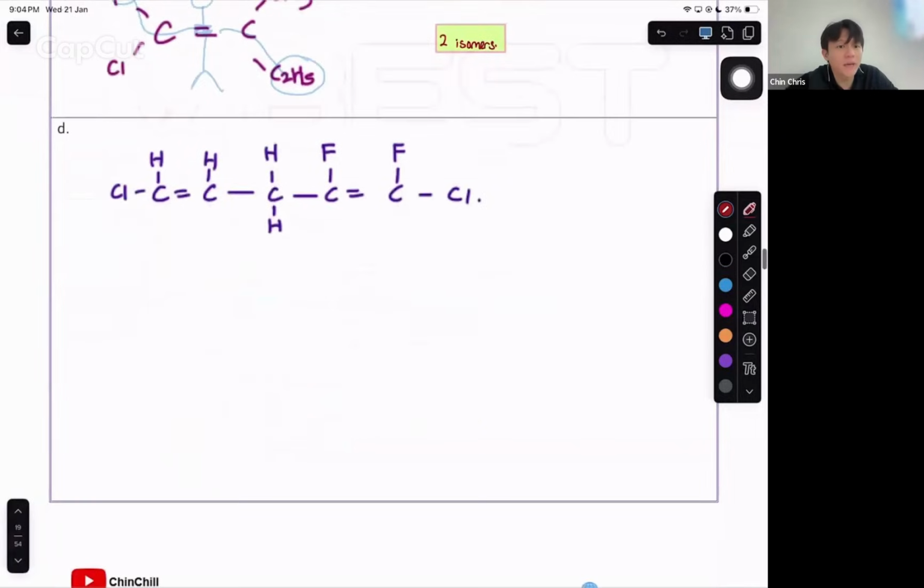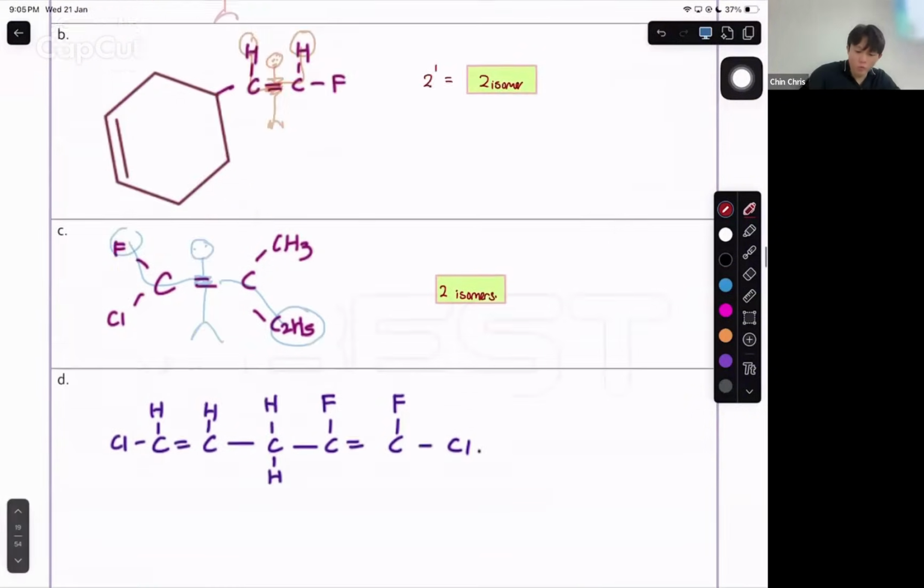Okay. Hey, guys, last one. How many isomers in total? Why only 2?